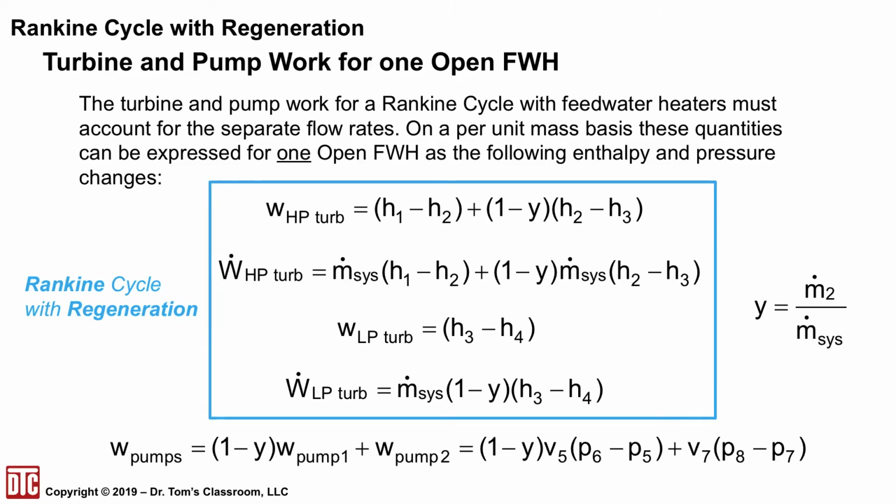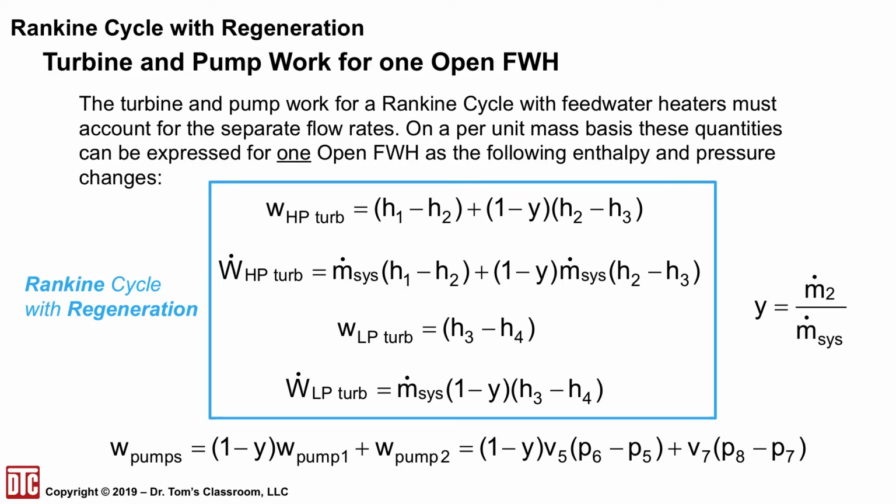Now I've given you what is not in the reference handbook. What is the total work per unit mass of the pumps? Well, pump 1 sees (1 minus y) of the flow rate, and then pump number 2 sees the entire flow rate, the complete m system.